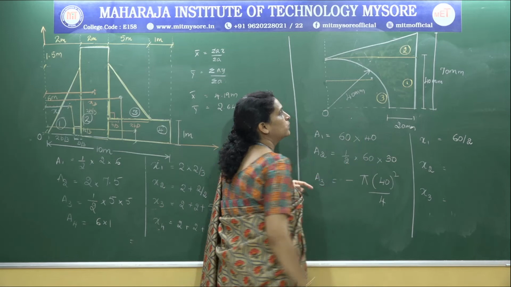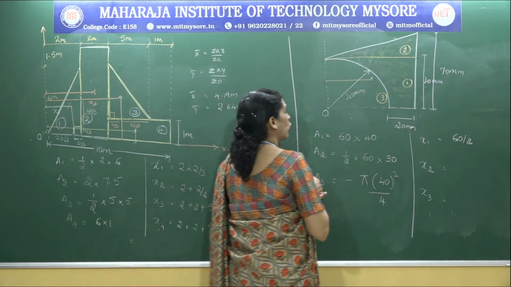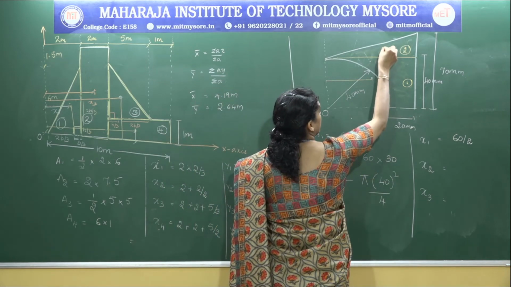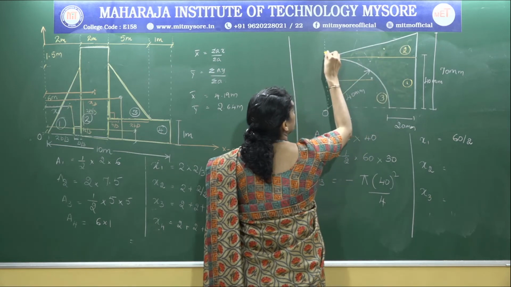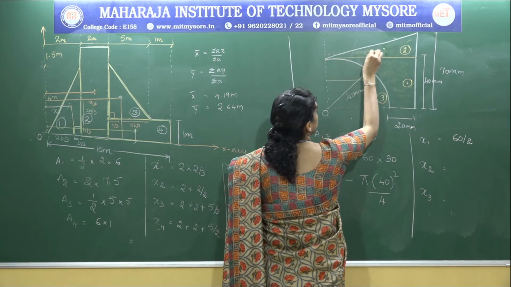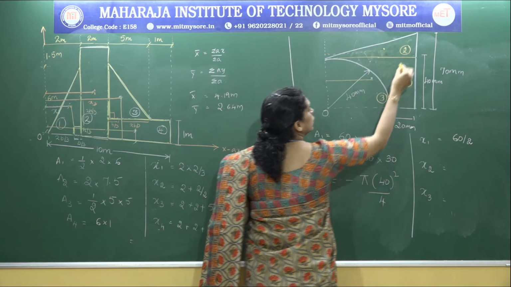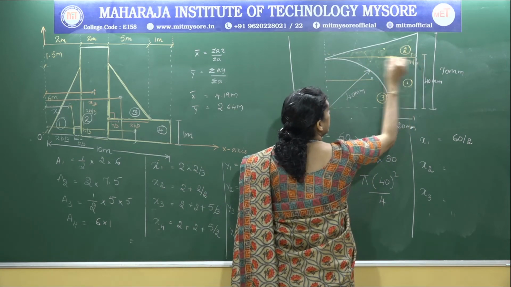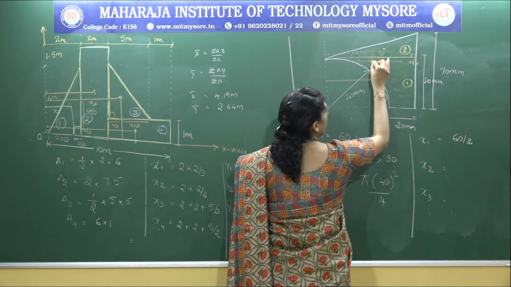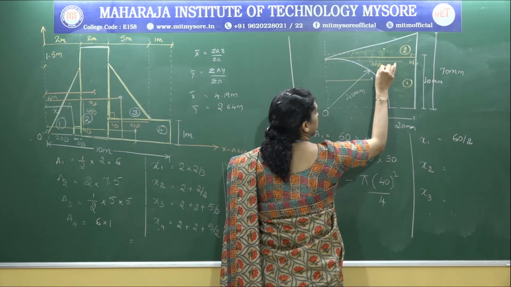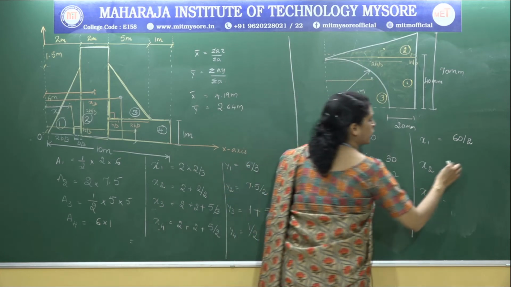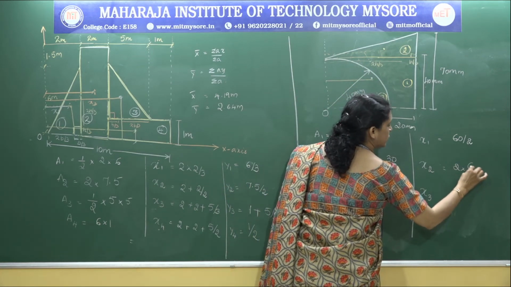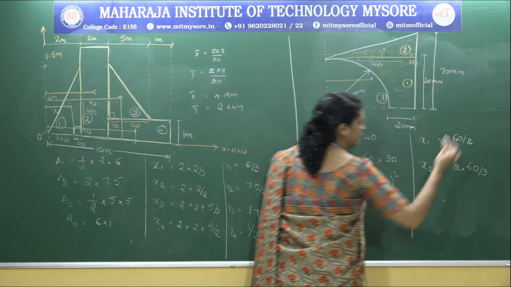Next, x2. Where does the centroid for a right angle triangle lie? So here is the x2. So this is h by 3 and the remaining would be 2h by 3. So 2 into h is 60 by 3.